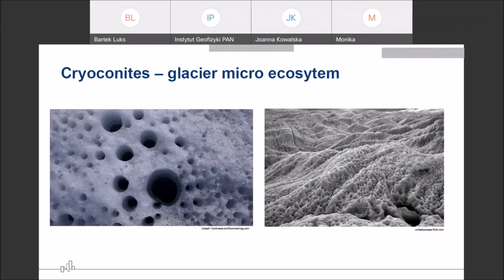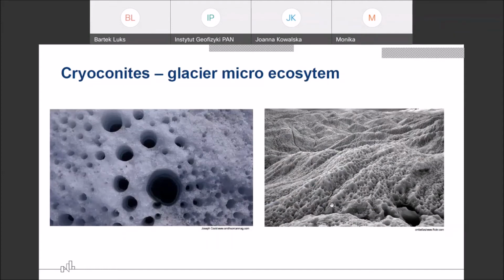By extremely big, I mean on the Greenland ice sheet, there might be belts of Cryoconite fields that are 30 kilometers wide. So there are areas with hundreds of square kilometers of Cryoconites.